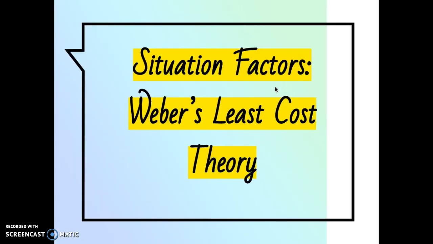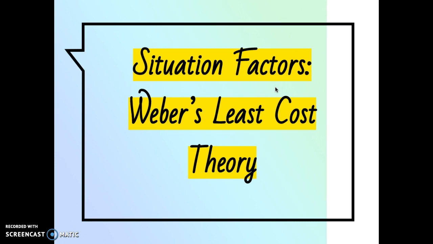So now we're going to switch to talking about situation factors. And this involves transporting materials to and from a factory. So it's not the cost associated with running the factory itself, the land, labor, and capital. It's the costs that are involved in transporting materials to and from a factory.